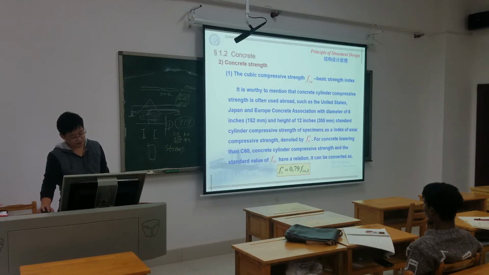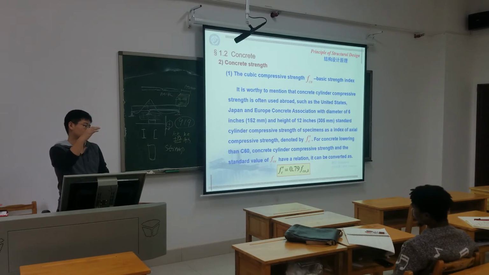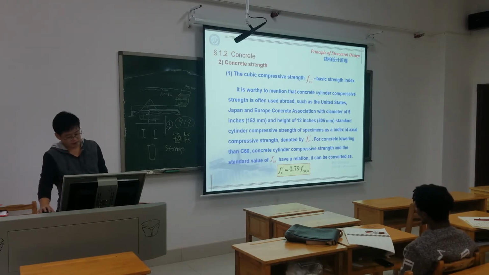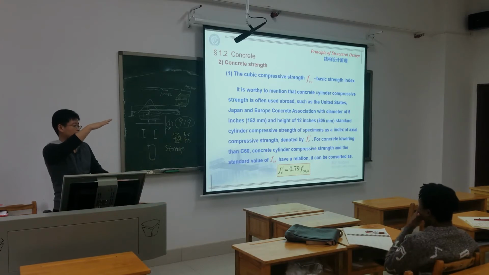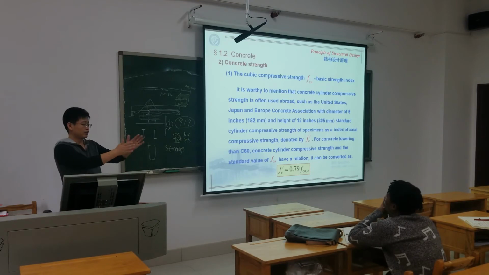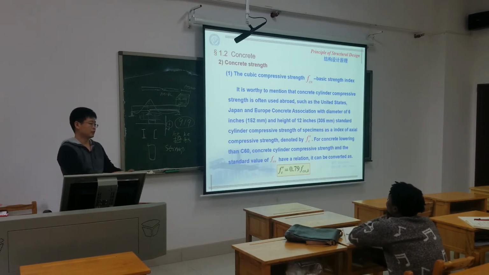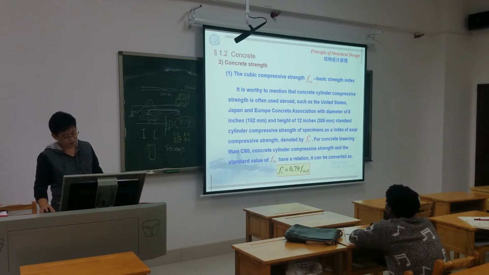That means the cylinder compressive strength is lower than the cube compressive strength, because it's a column 305 millimeters high, so the specimen is very tall. For the cube strength, it's only a cube of 150 millimeters. So different specimens give different results.